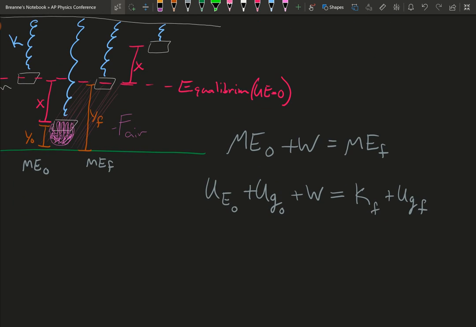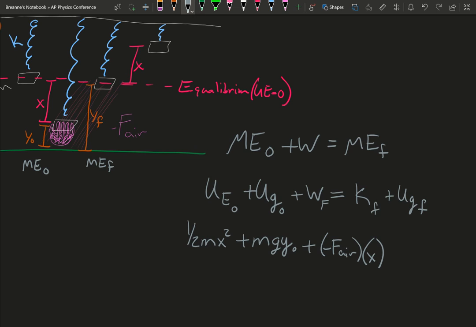If we spread that out, it'd be 1/2 kx squared plus mgy initial, plus the force done by friction, so it'd be our air friction, and the amount it's moving is, in this case, still x.